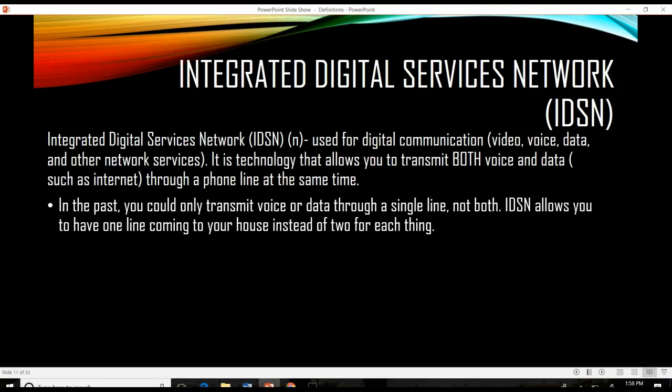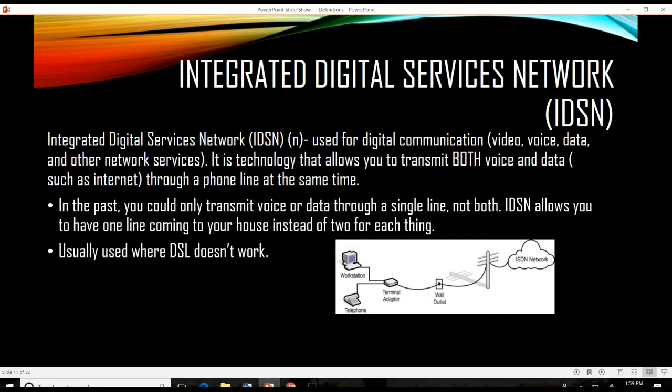So usually households had two separate phone lines, one for their internet and one for their phone line. Now with IDSN, you can have just one, and it allows you to have one line coming into your house instead of two for each thing. Usually you would use IDSN in an area that doesn't have DSL, and it would allow it.